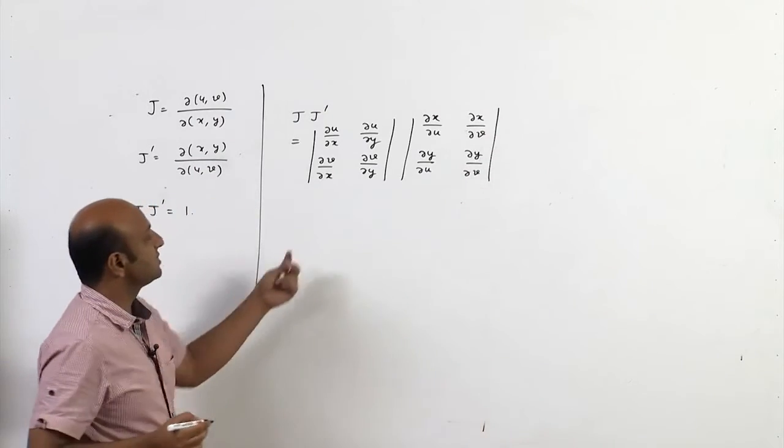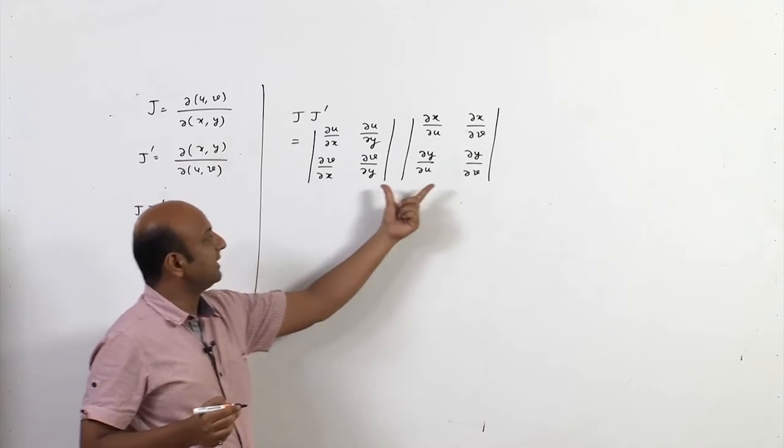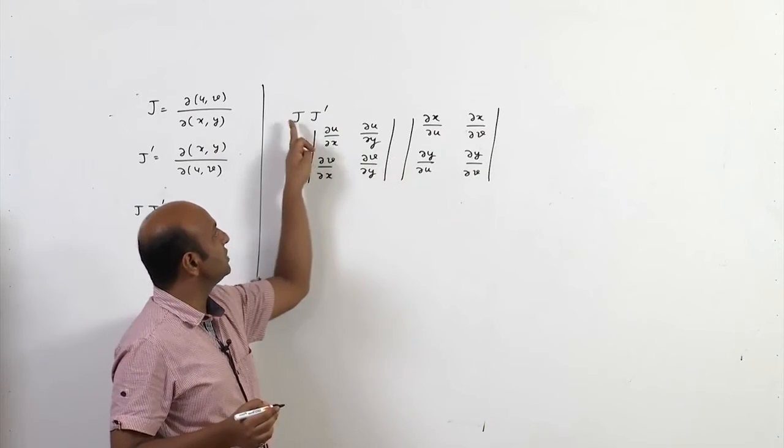This is one determinant and this is second determinant, and the product of these two will be J into J dash.